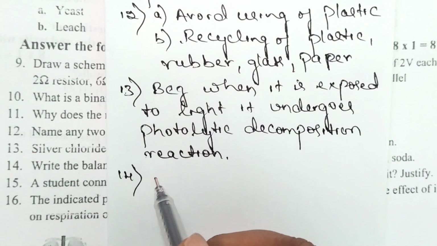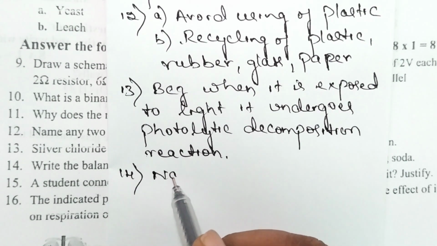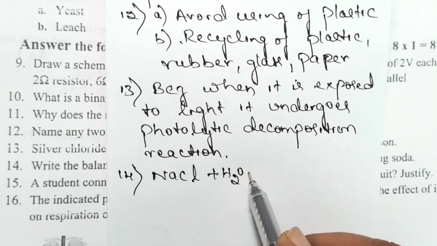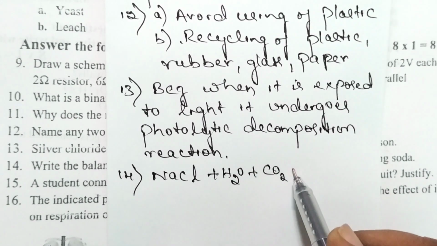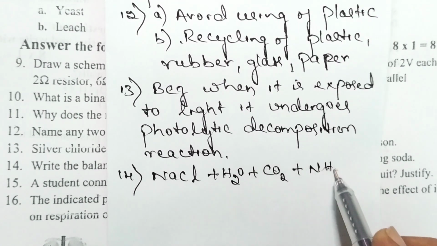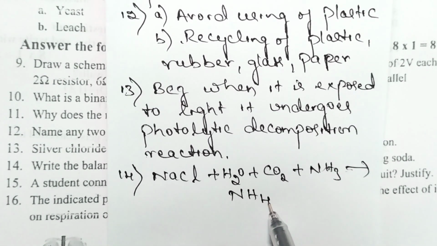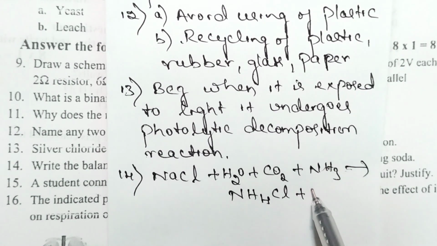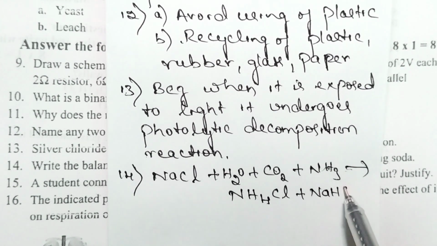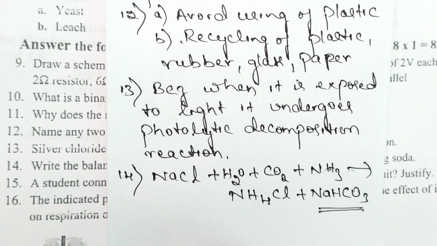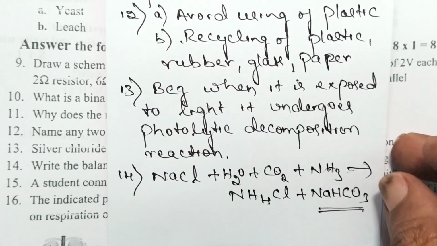The balanced chemical equation in the preparation of baking soda is sodium chloride plus water plus carbon dioxide plus ammonia will give rise to NH4Cl plus NaHCO3. This NaHCO3 is called sodium bicarbonate or baking soda. So this is the balanced chemical equation.